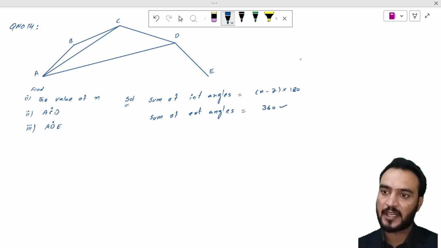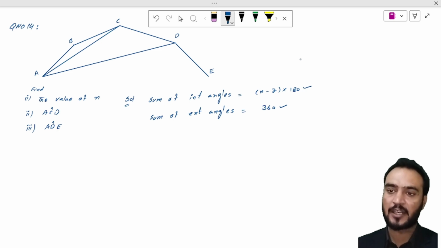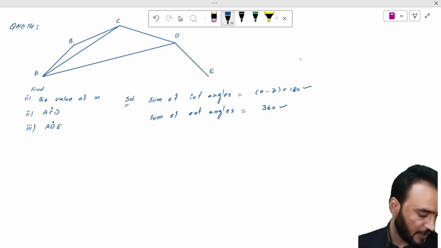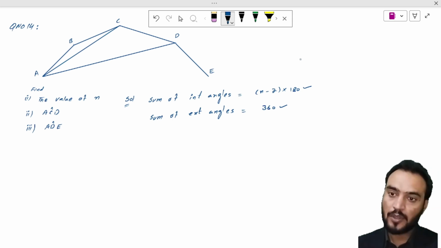This is the sum of exterior angles and this is the sum of interior angles, and the given ratio of interior angle to exterior angle is 5:1. So we put this according to given condition.